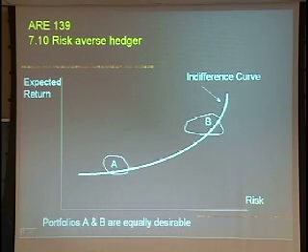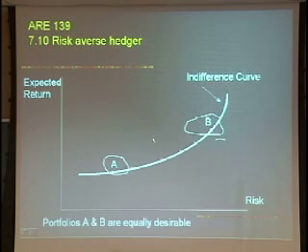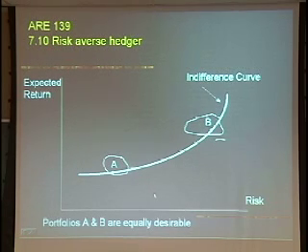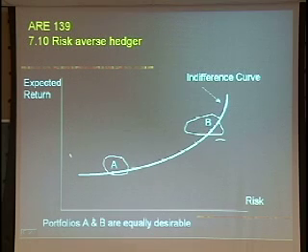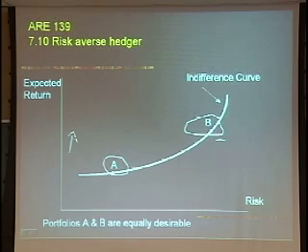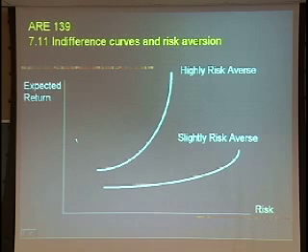So as the risk goes up, that's something that you don't desire. But in order for you to take on that additional risk, for you to hold B versus A, you would clearly demand a higher return. So you demand an increase in this direction. So that indifference curve just captures the characteristics that a risk-averse investor or hedger would hold.